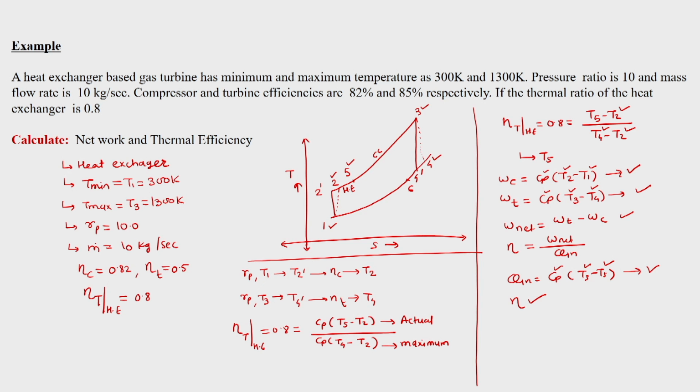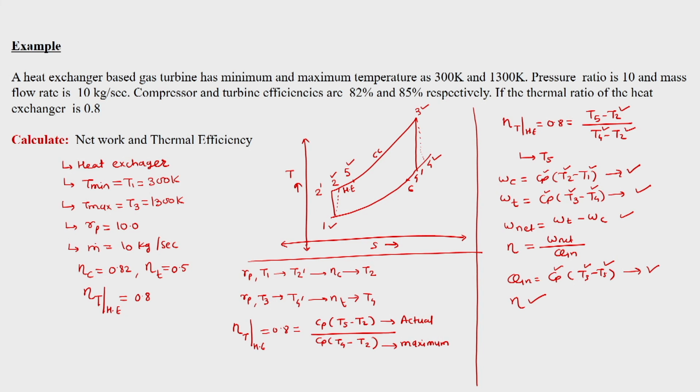Every component would have a certain efficiency associated with it. In case of the heat exchanger, it is called the thermal ratio, and some people call it the effectiveness of the heat exchanger. These numbers are associated with actual divided by maximum possible heat transfer rate.